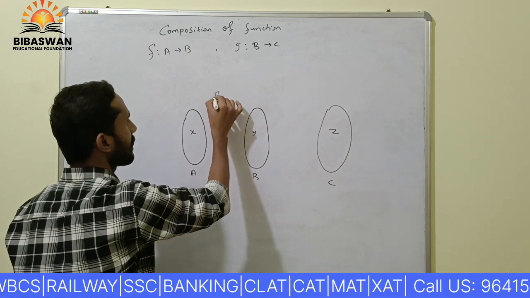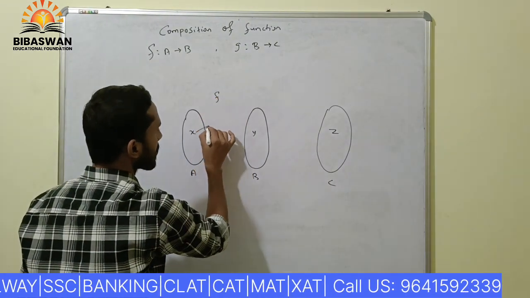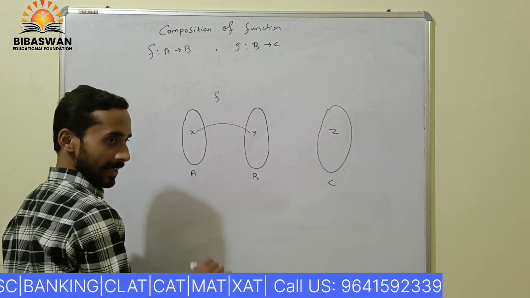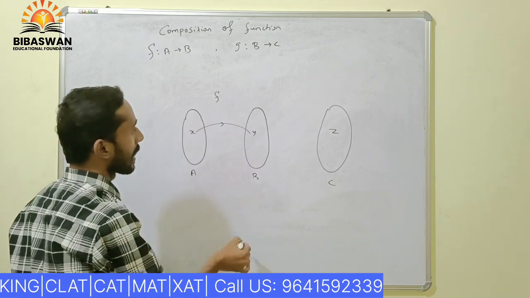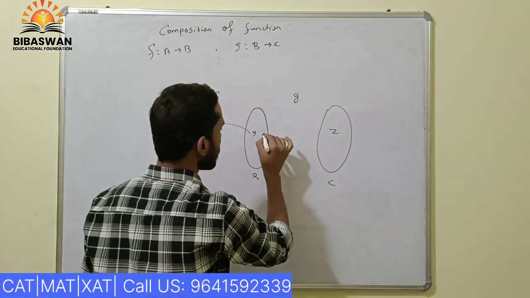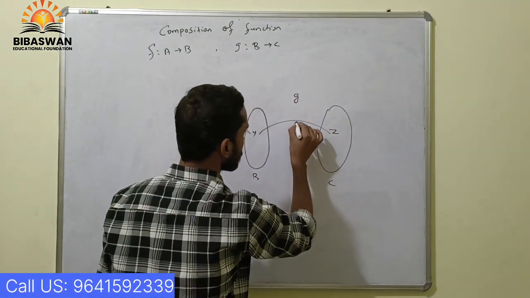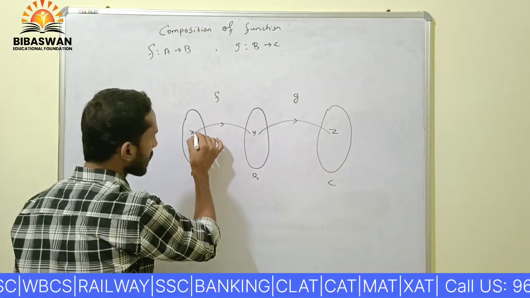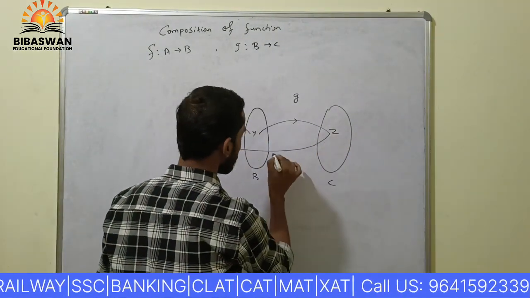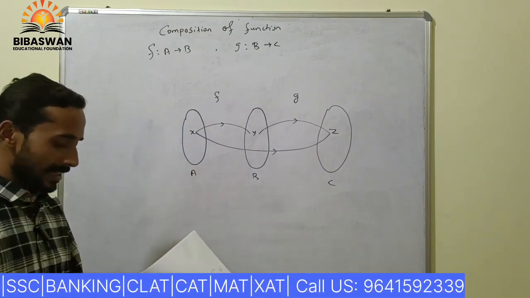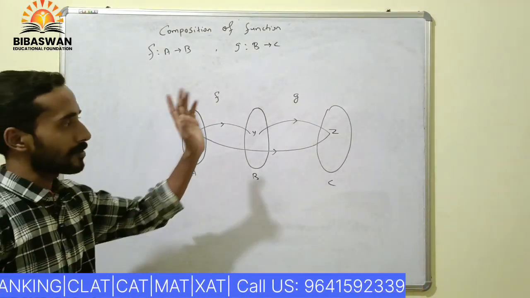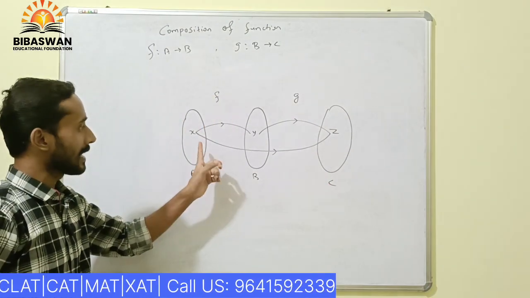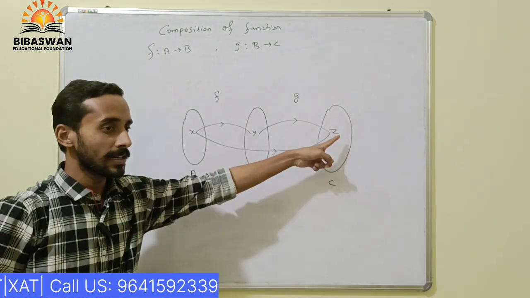So we can say that according to the f function, x is related to y, and according to the g function, this y is related to z. Understood? Then can we relate x to z directly? Because x is related to y, y is related to z, so we can say that x is directly related to z.